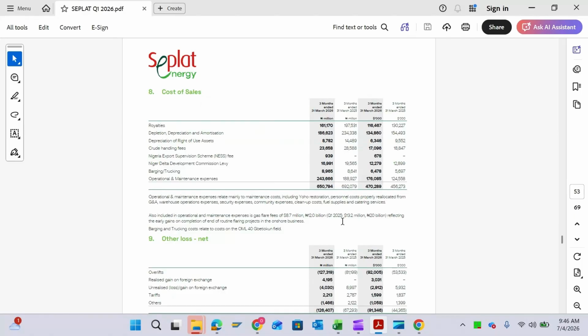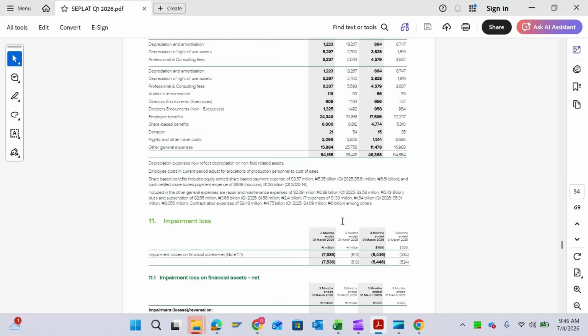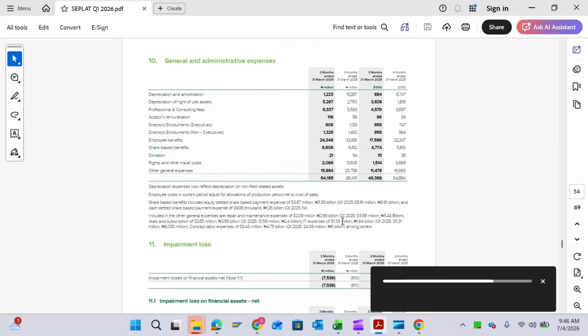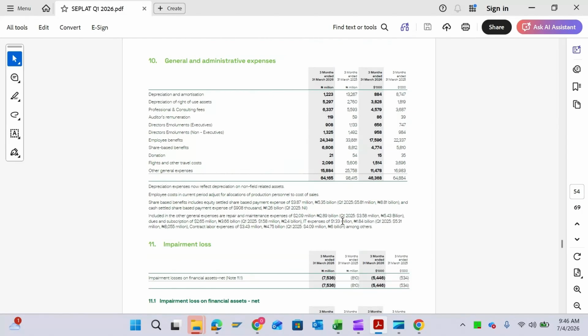So note 10: what are the general and administrative expenses incurred by the company for that period. We have depreciation and amortization. Depreciation: fixed assets, motor vehicles, land, building, how they are depreciating, how they are accounting for it. Amortization, then the depreciation of their right of use assets, assets that they have right to use.